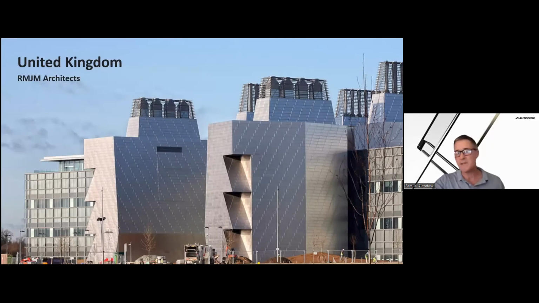My first stepping stone into building information modeling was on the University of Cambridge, one of the famous ones in the UK, where we were designing a Medical Research Council facility, which had a huge amount of services in the design.